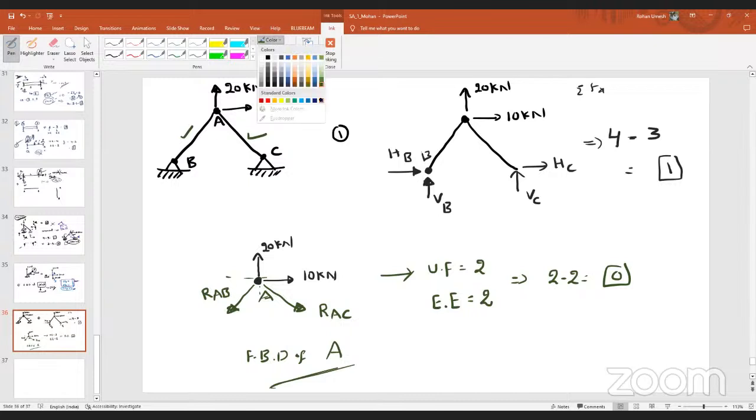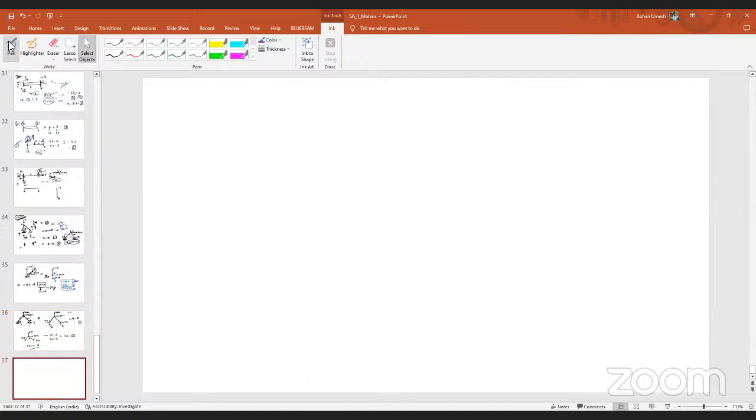What about the reactions at B and at C? Again, I will take the free body diagram at point B. At point B, if I draw the free body diagram, how many forces will exist? The reaction force in the member will exist, isn't it? So let us say this is the reaction force in the member. How much? RAB.